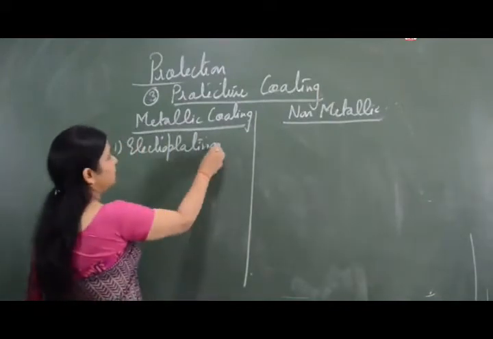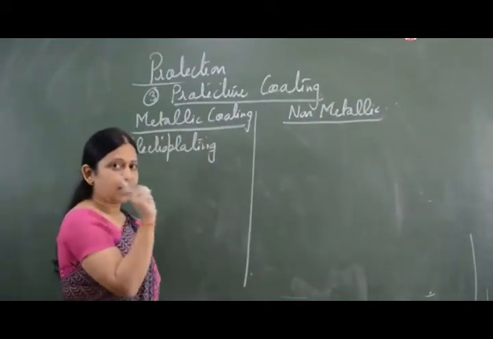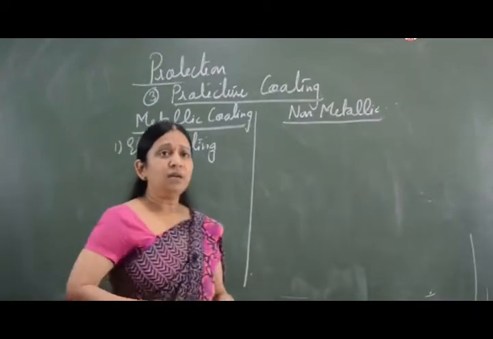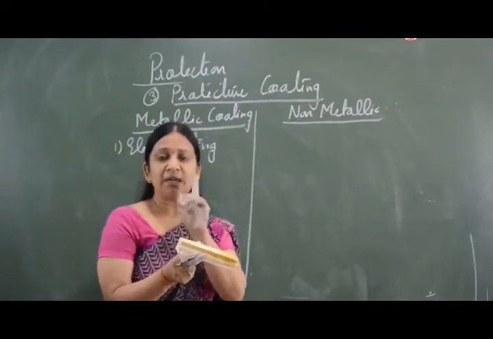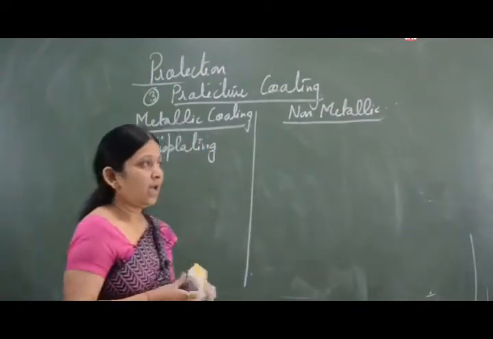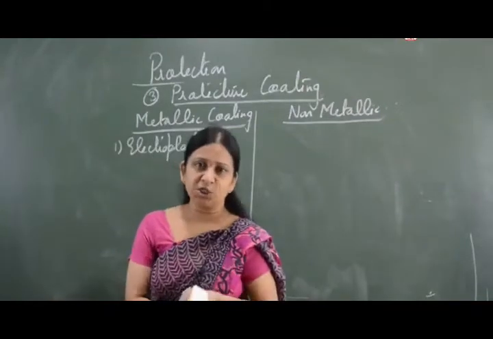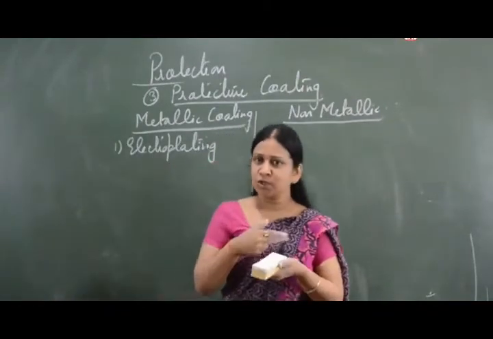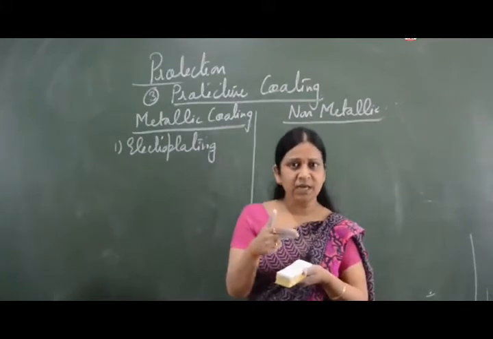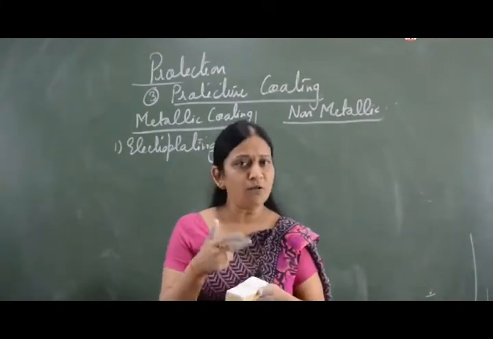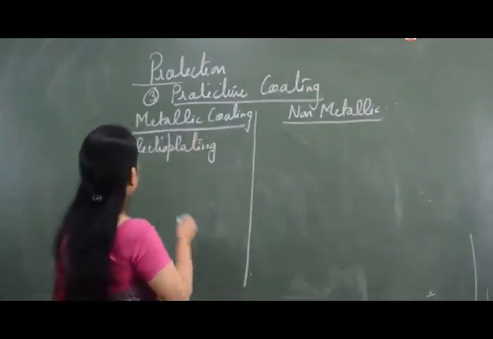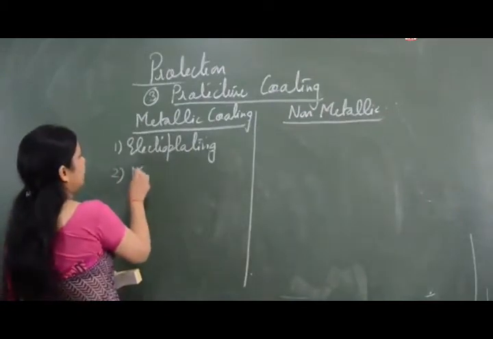Examples here are galvanization and tinning. Galvanization is applying a coating of zinc, and tinning means applying a coating of tin. So, this is electroplating.